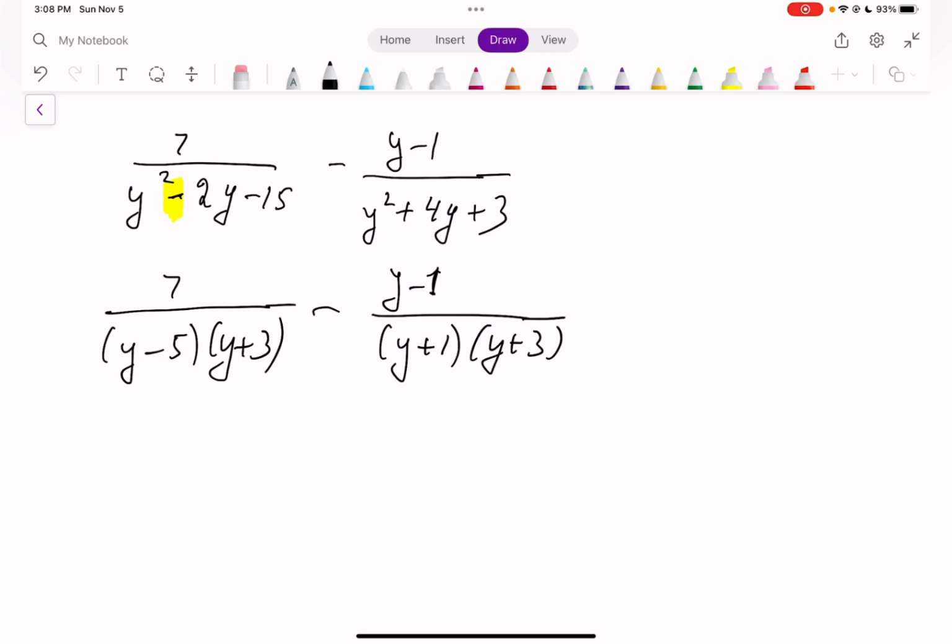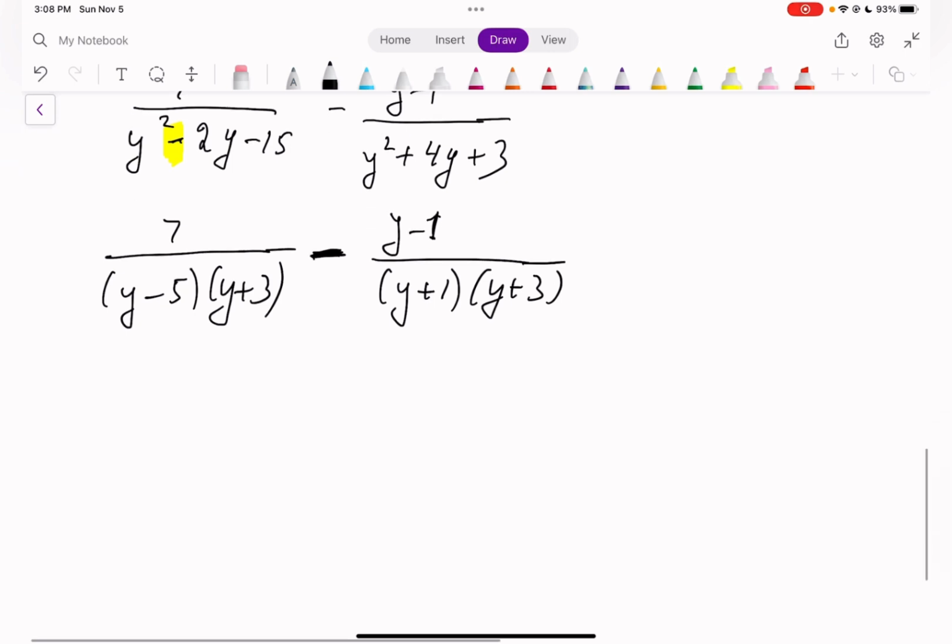Okay, now here what is interesting, I have repeated this and I'm telling you again: when you have a negative sign in front of a fraction, you treat it as a negative sign in front of parentheses. What does that mean? Let's bring to a common denominator and I will show you.